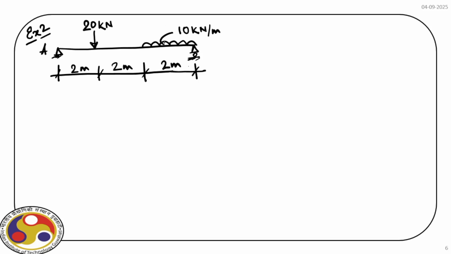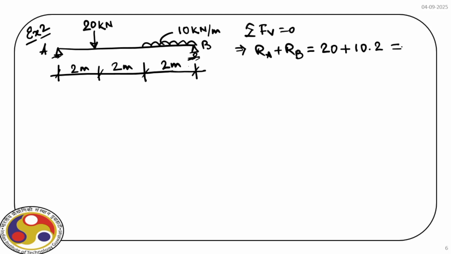Again, let us first solve the beam, find out the reactions. For that, again, we apply force equilibrium and we get RA plus RB is equal to 20 plus 10 kilonewton per meter over a length of 2. So 10 into 2, 20. So altogether we have 40.